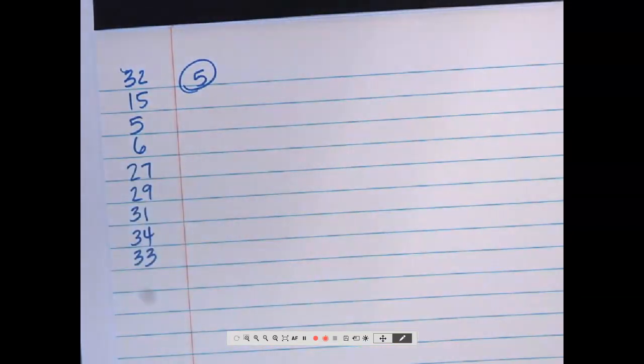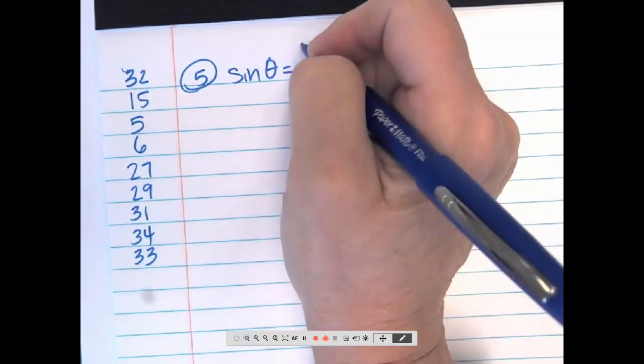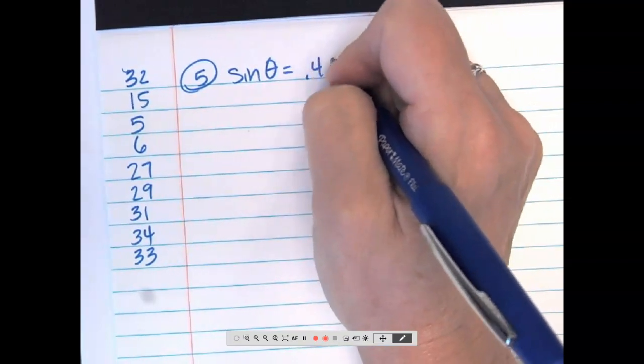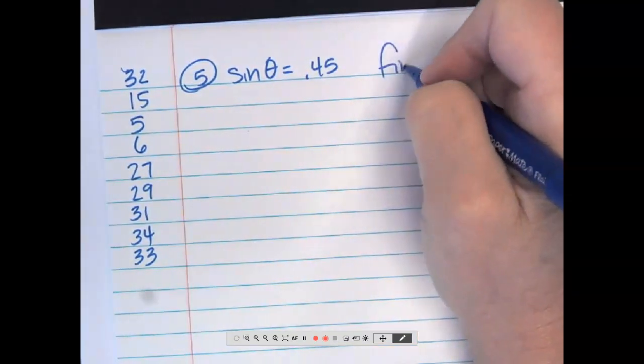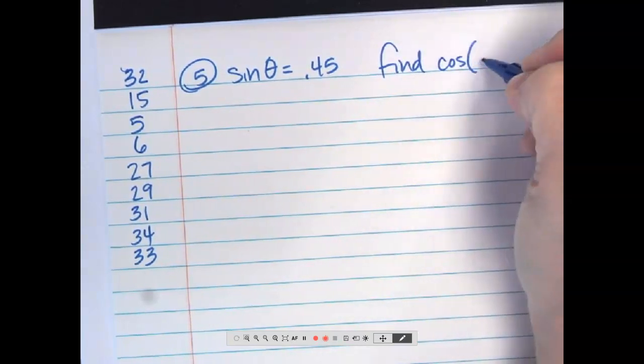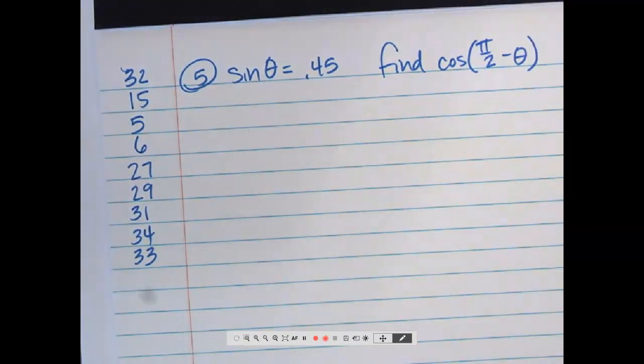Okay, so number 5. It says, if sine theta is equal to 0.45, find cosine of pi over 2 minus theta.